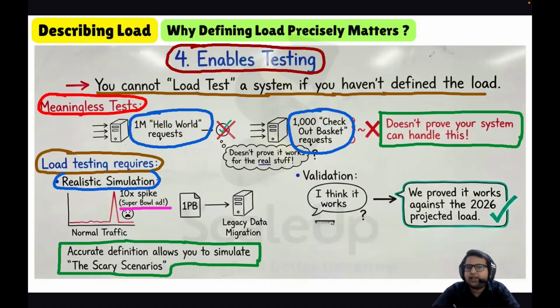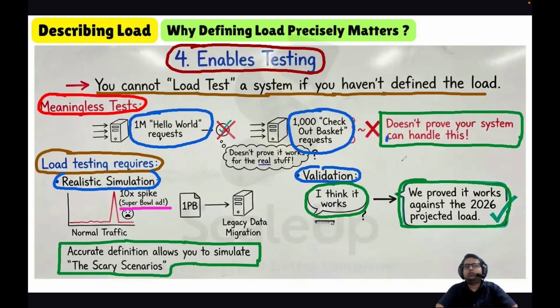So load testing requires realistic simulation, and it also requires validation. It moves the conversation from "I think it works" to "we proved it works against the 2026 projected load."